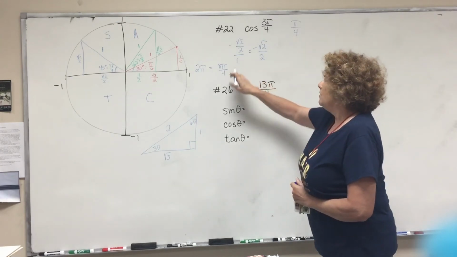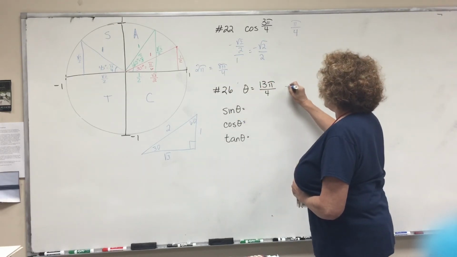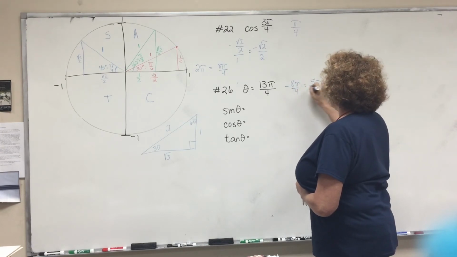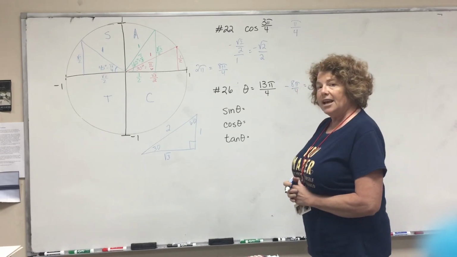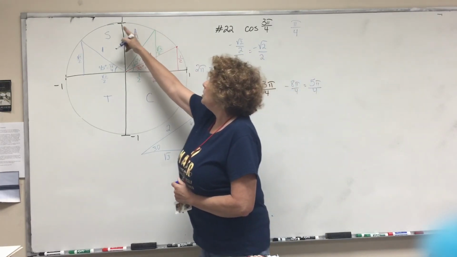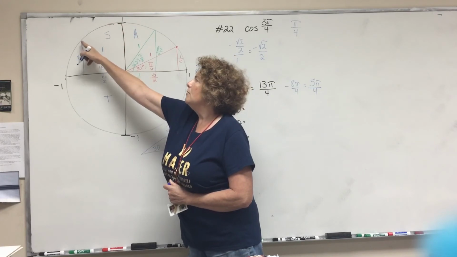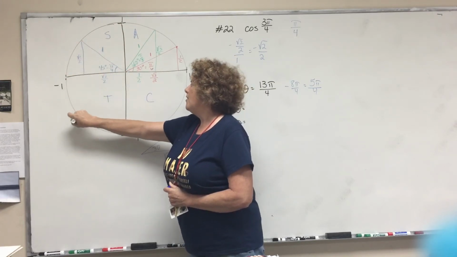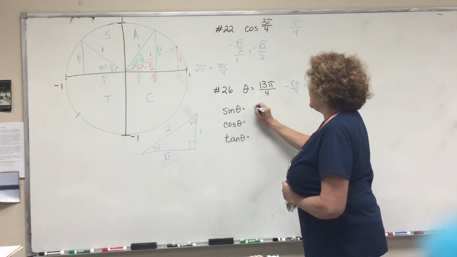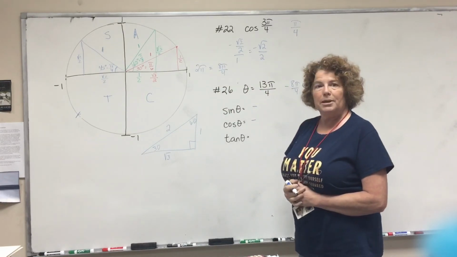So let's get rid of one whole circle. So minus 8 pi over 4 would leave us with 5 pi over 4. So that's the angle we're actually looking for. So 1 pi over 4, 2 pi over 4, 3 pi over 4, 4 pi over 4, 5 pi over 4 would be down in this quadrant.